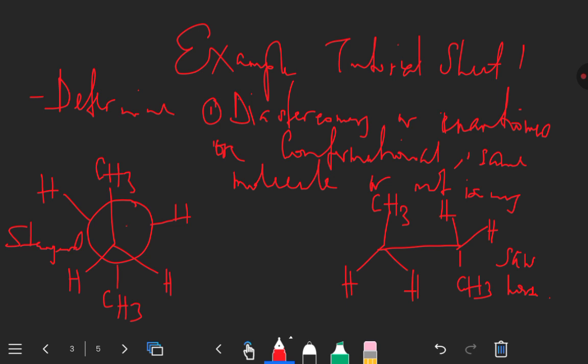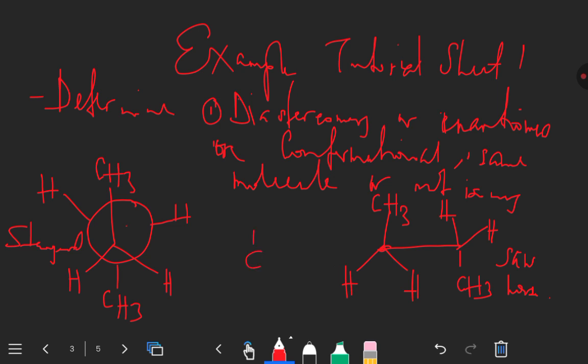In this case, this carbon is not chiral, because it is bonded to two similar things, which are hydrogens. If it is chiral, it means that this carbon will be bonded to 4 different things.